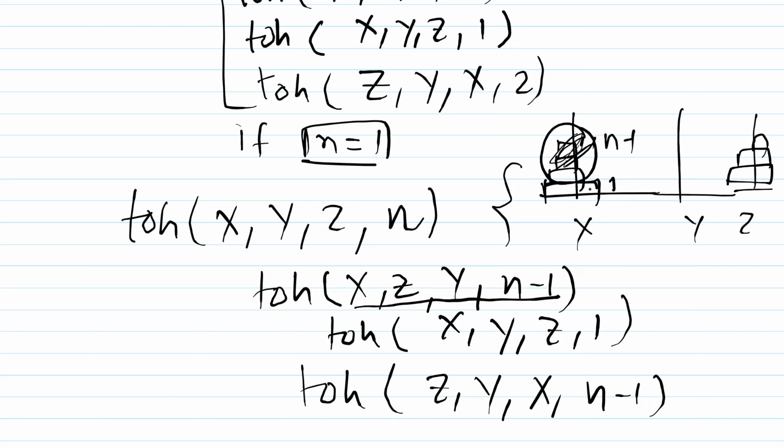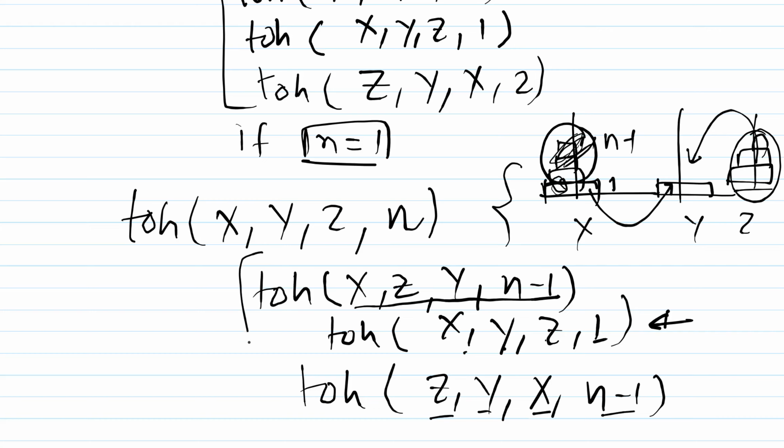So just move this one disk from X to Y, which is this step. And finally, this will be empty. This will have this last one, the largest disk. So you will move these n minus 1 disks from Z to Y using X. So this is Tower of Hanoi. And when n is 1, you know the base case.